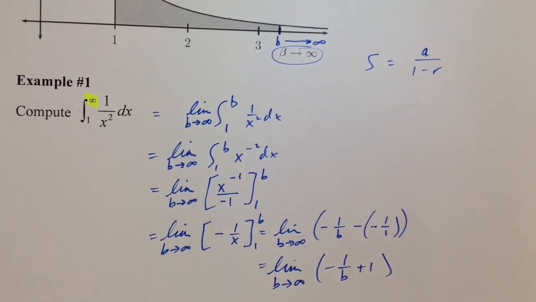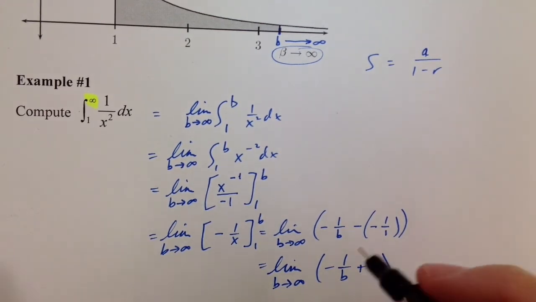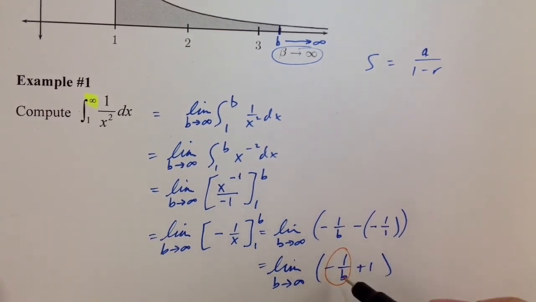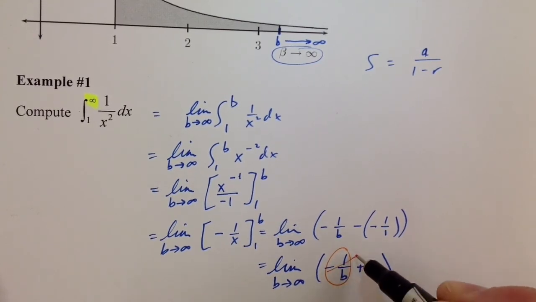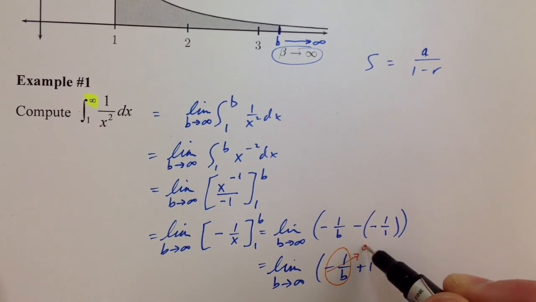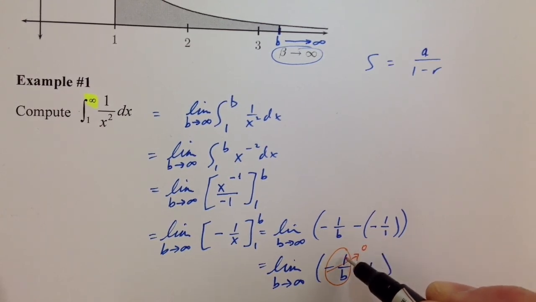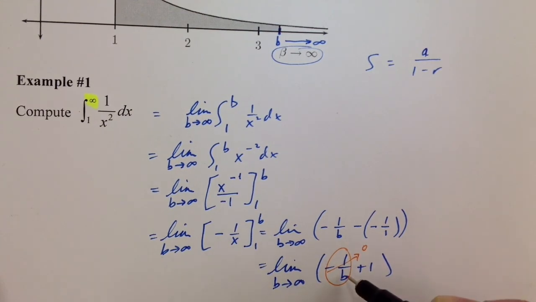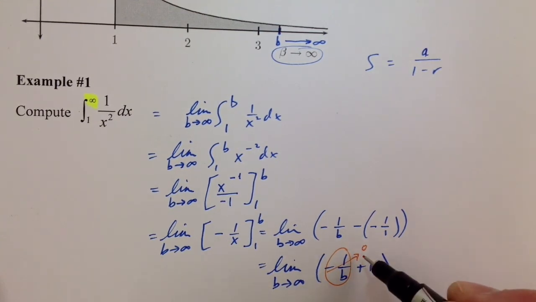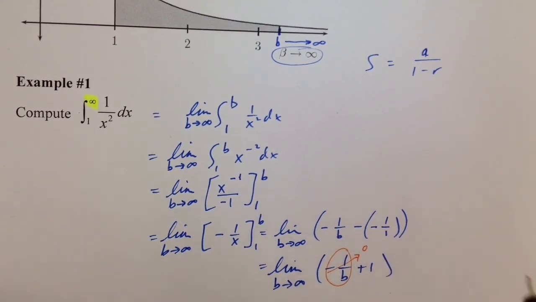This is a great section because we get to practice our limits. We know that when the denominator of a fraction gets really, really big, that fraction's value goes to 0, as long as the numerator is a constant. So this fraction approaches 0, and we replace it with 0, and we just get a limit of 1.